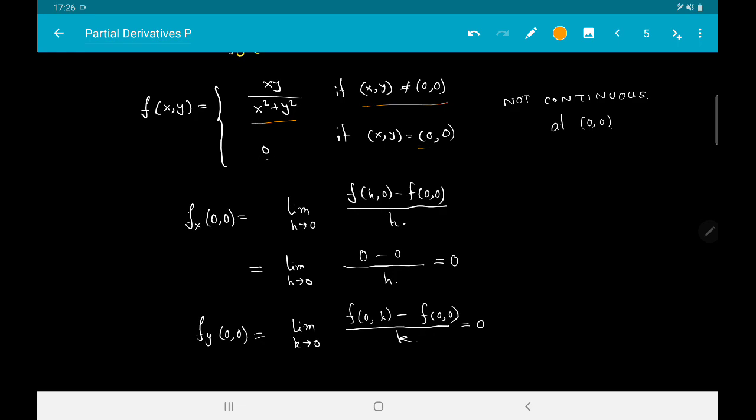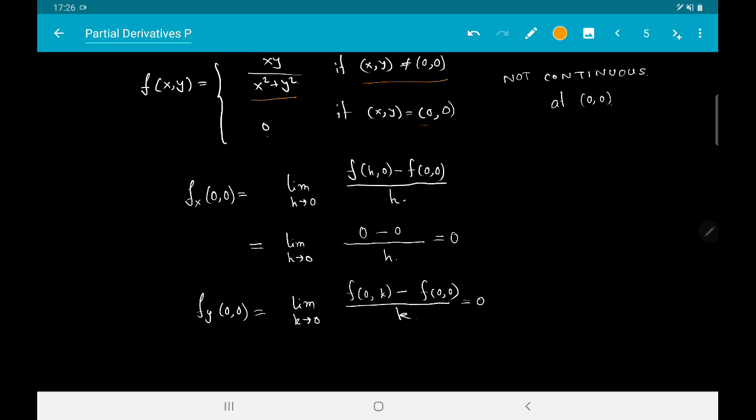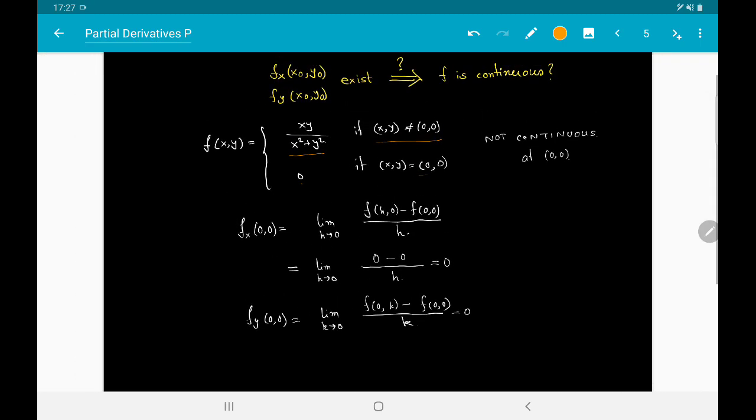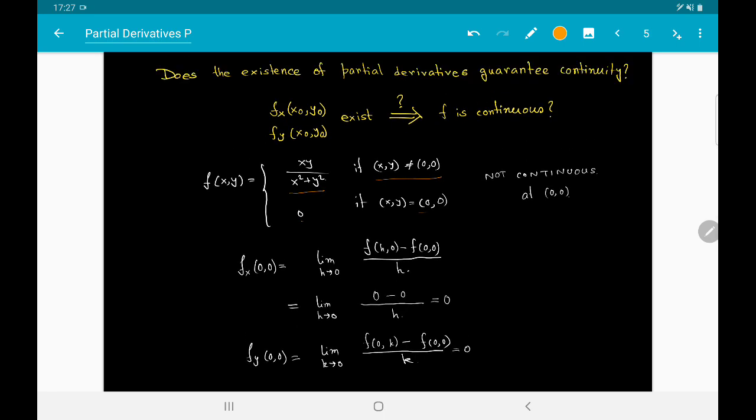Then you have seen in our lecture on continuity that such functions are not continuous, but it easily turns out that this function has the partial derivatives with respect to x and with respect to y at the point 0 0. So this is all about partial derivatives for the time being. We are going to talk about higher order partial derivatives and differentiation of a multivariable function in our upcoming video.